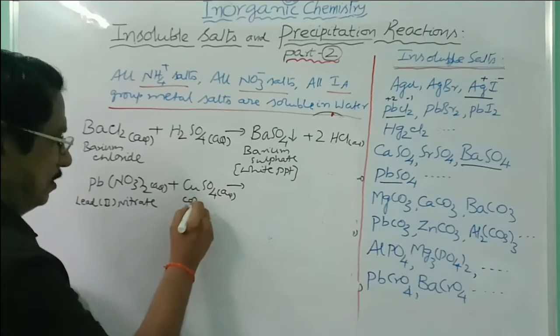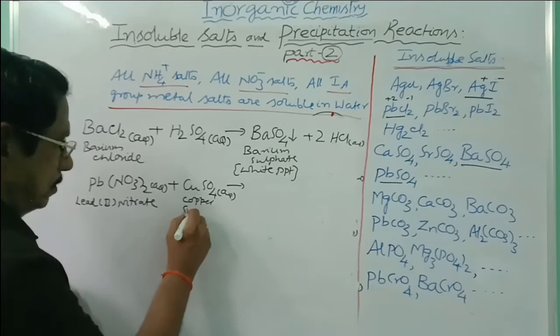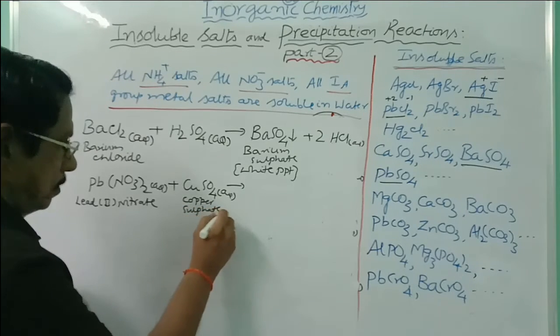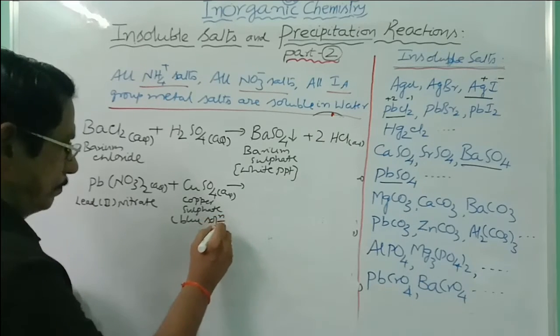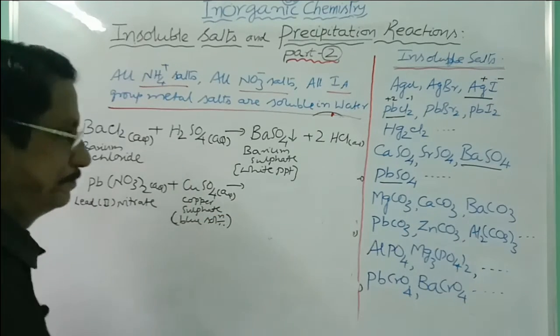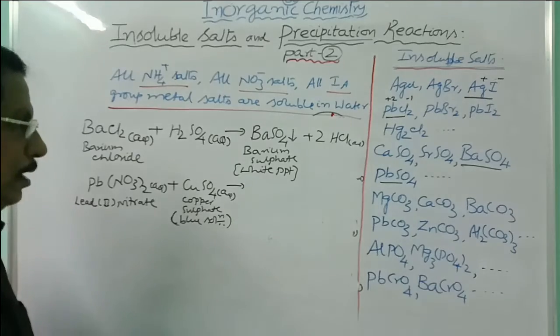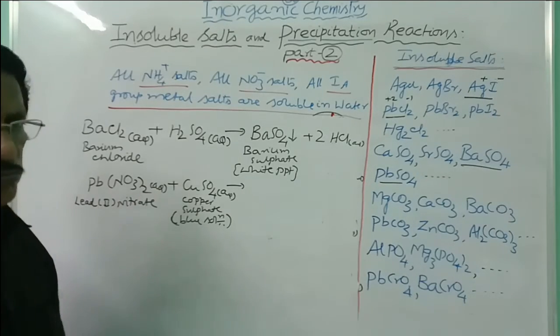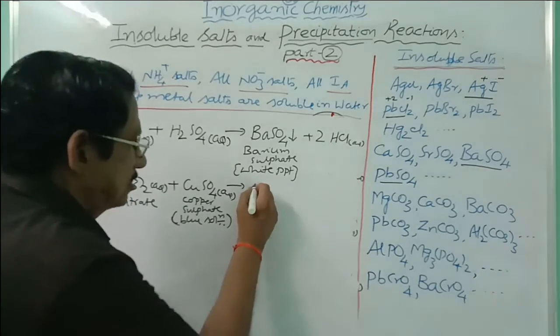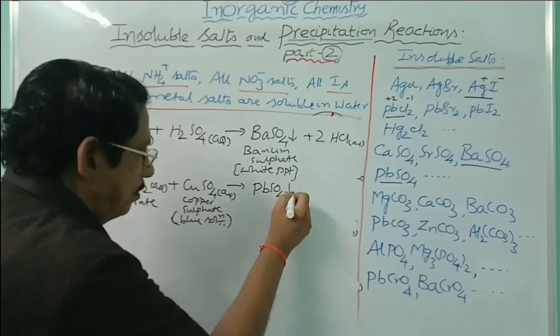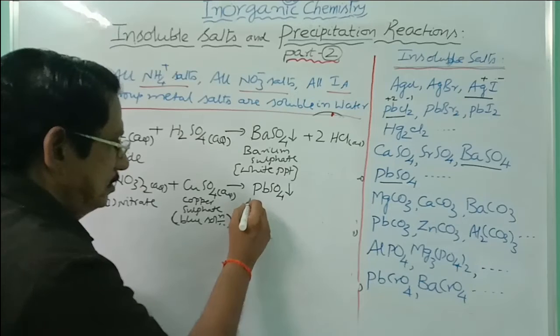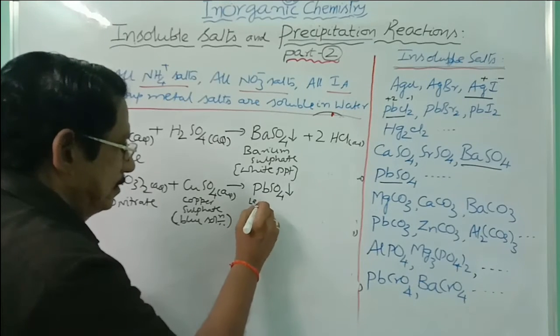This is a blue solution. Add these two, and immediately you will get lead sulfate, a precipitate.